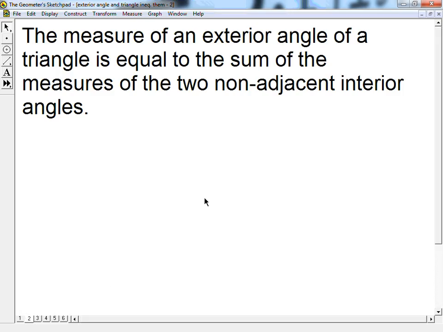We're going to say the measure of an exterior angle of a triangle is equal to the sum of the measures of the two non-adjacent interior angles. So the measure of one exterior angle is equal to the sum of the measures of the two non-adjacent interior angles.